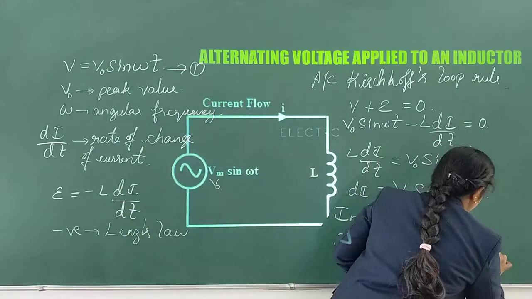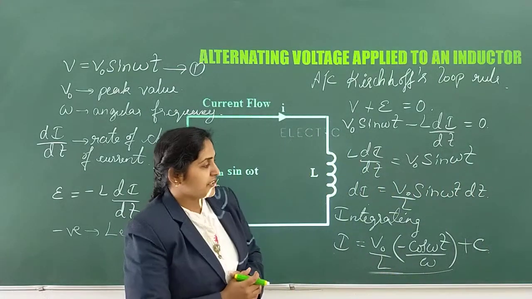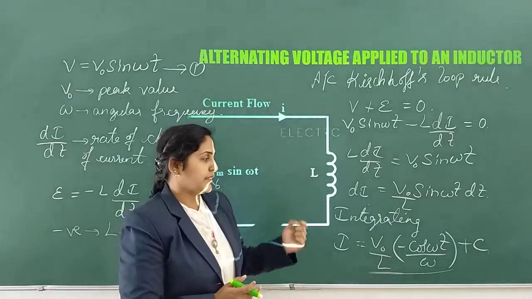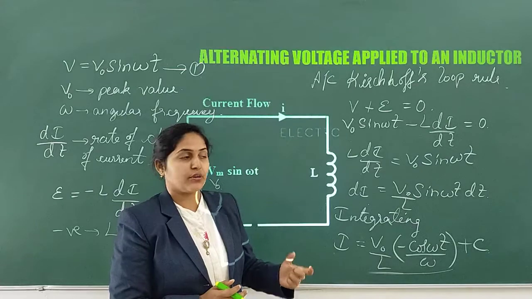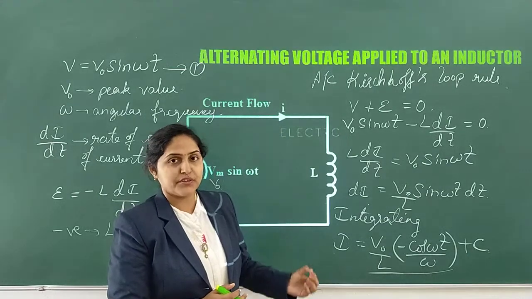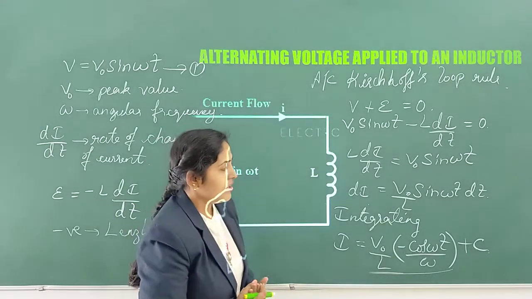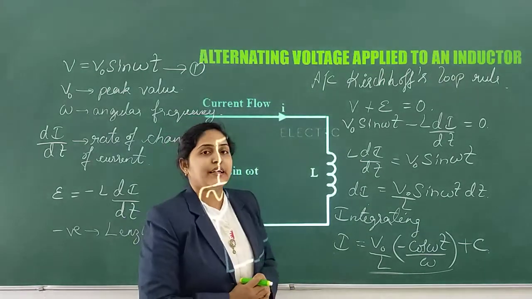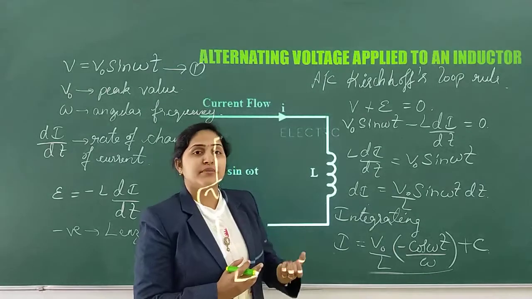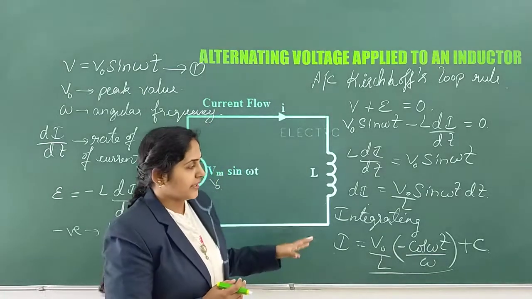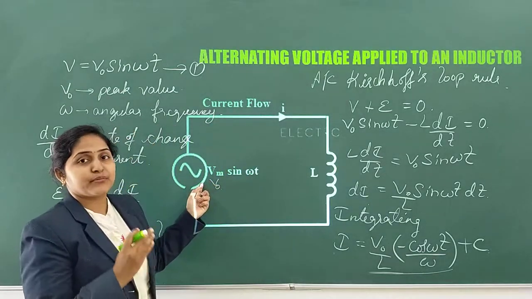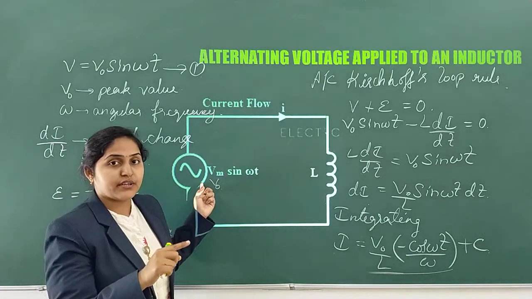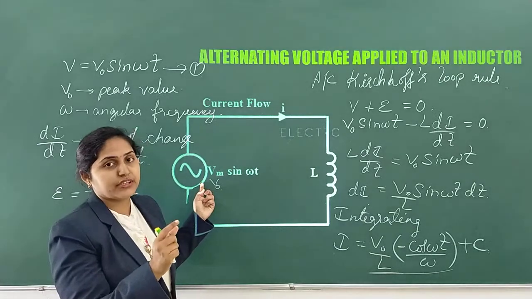But see, this constant does not exist. The constant becomes 0. That integration constant, the time independent constant, does not exist, because there is a reason. The voltage or the EMF of the source oscillates symmetrically about 0, and therefore the current it sustains also oscillates symmetrically about 0.